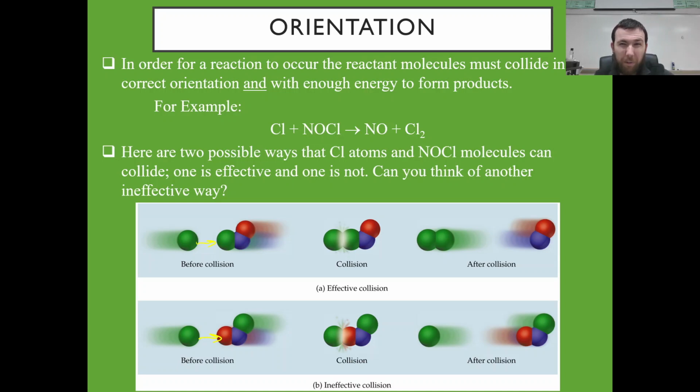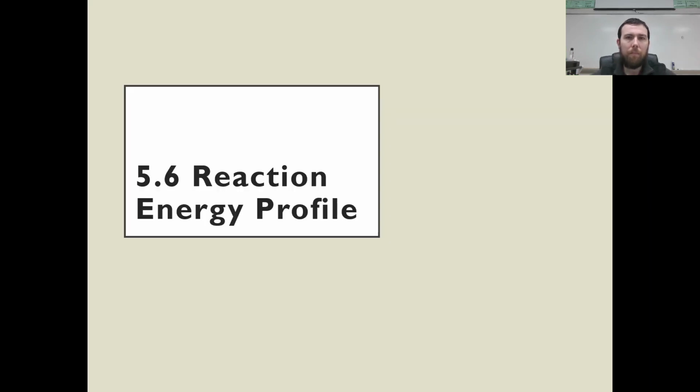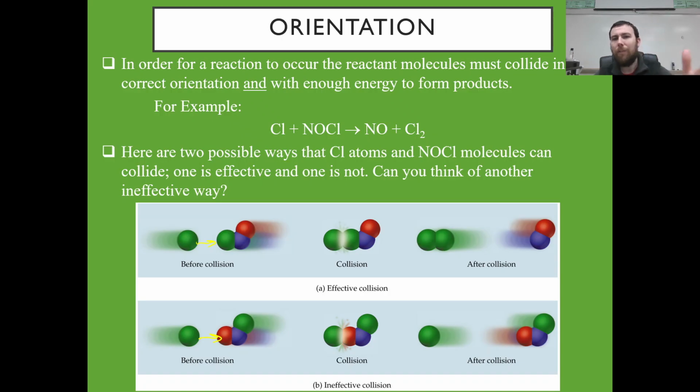Now, were you able to think of that other way that it could happen? I think if you take a look at it, what you'd find is if chlorine interacts with the other chlorine, then that's not going to work, right? That would be the third way that this could happen, but it's going to be ineffective.